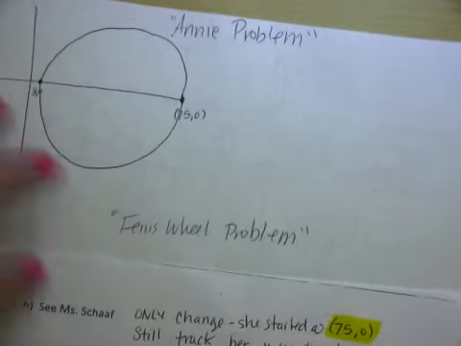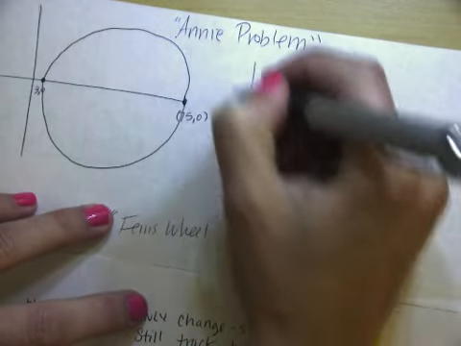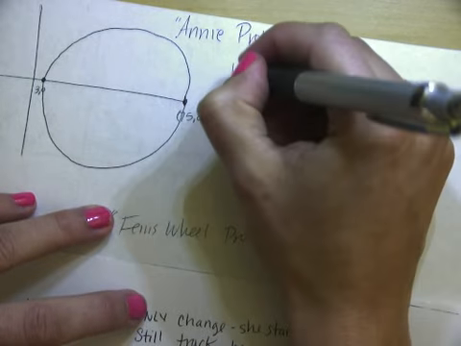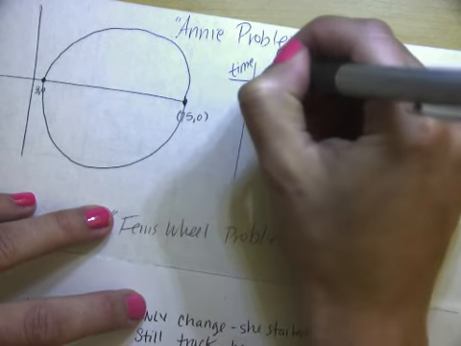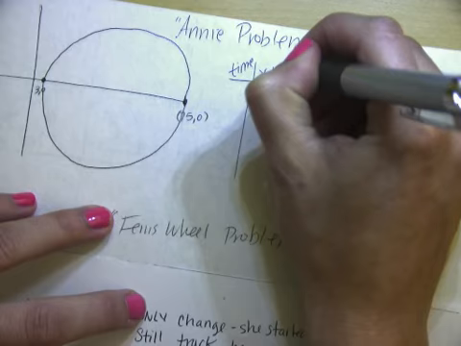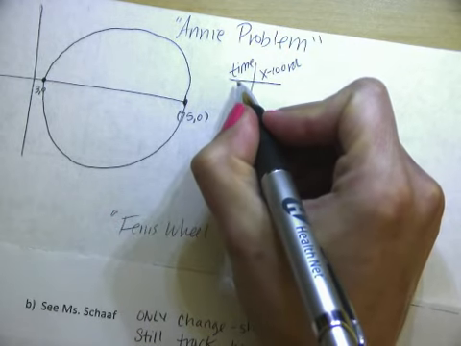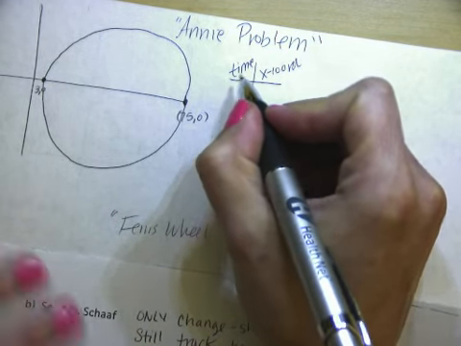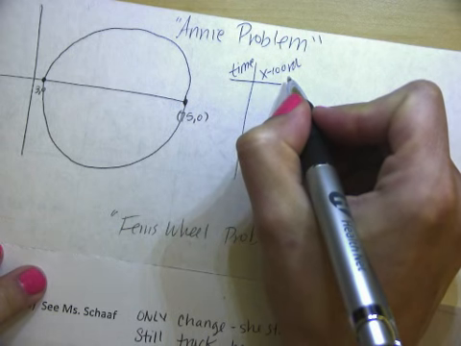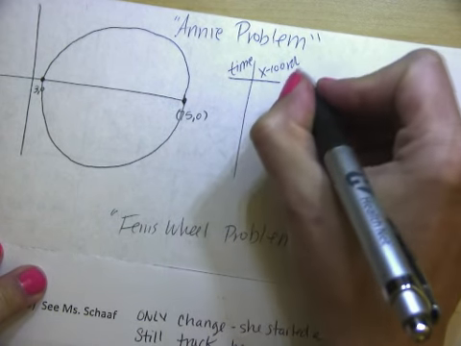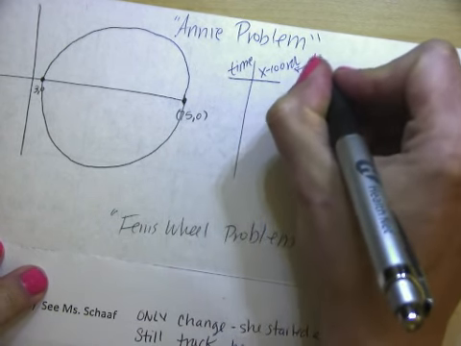Alrighty, so the problem asked you to come up with a function that modeled her x-coordinate over time. So time is the independent variable, and her x-coordinate depends on how long she's been walking for. So this is your dependent variable.